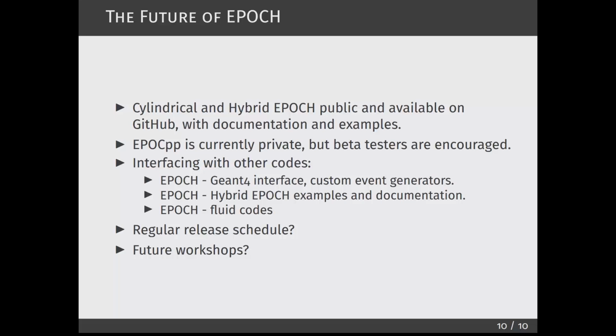We've talked about future workshops. The other final thing to keep in mind is I'm pushing EPOCH towards a regular release schedule, rather than the ad hoc flurry of releases and then silence for 9 months that we have at the moment. The idea is that somewhere on the EPOCH webpage there's a list of what we're planning to do in the next 3 months.